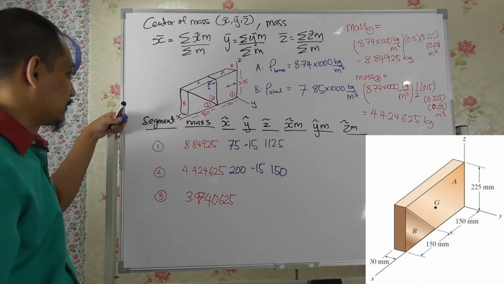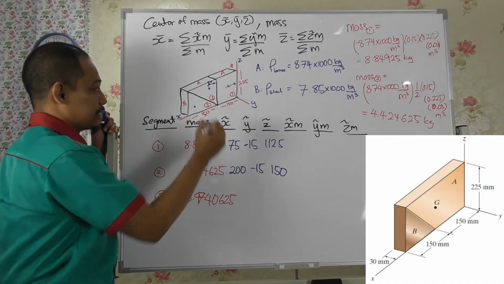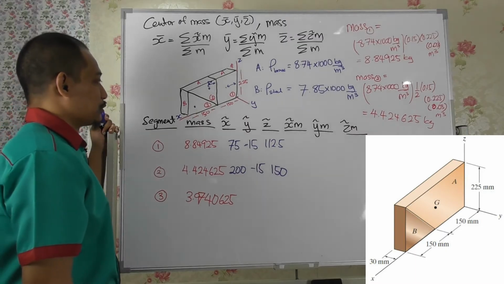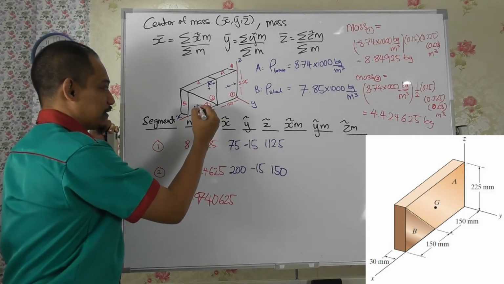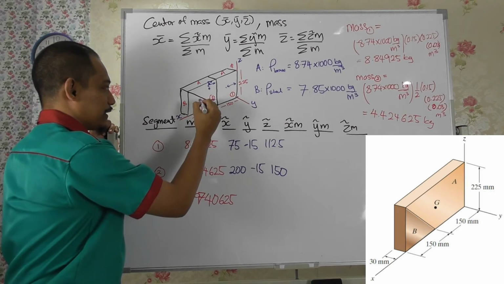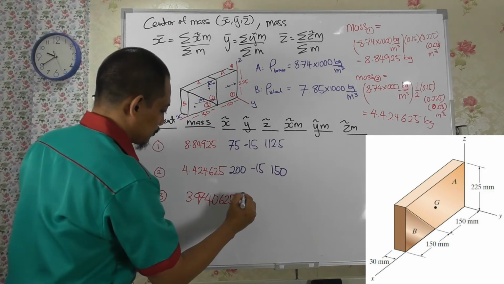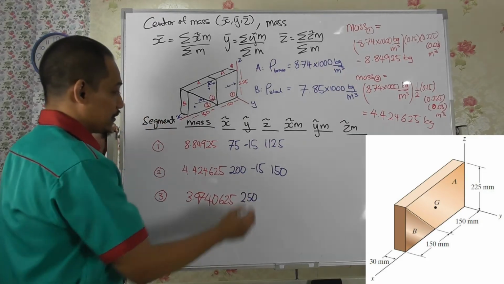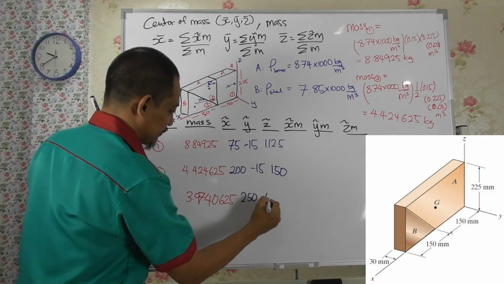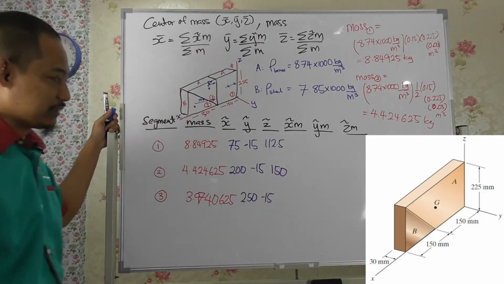Okay, what about this one? This should be here. So 2/3 of 150 should be 100, so 100 plus 150 becomes 250. Y is still negative 15, because the thickness is standard.